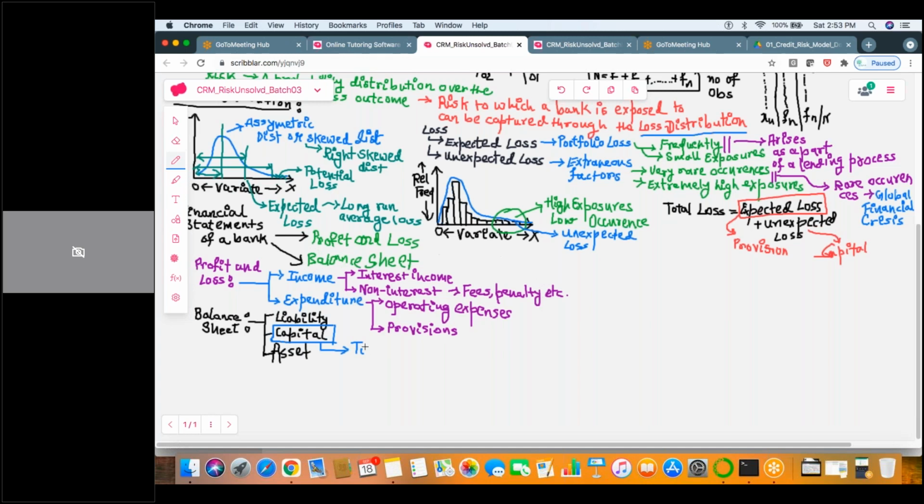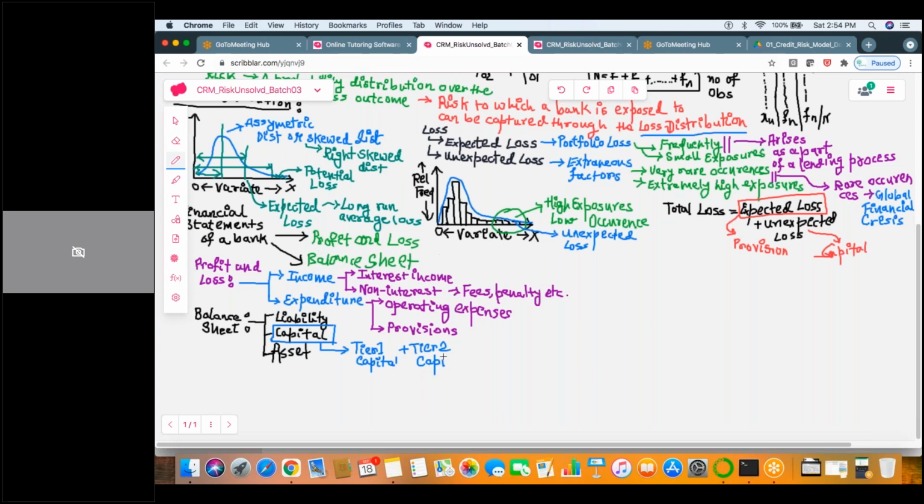Now, this capital of the bank comprises two parts. One is the tier one capital. Then what we have over here is the tier two capital.